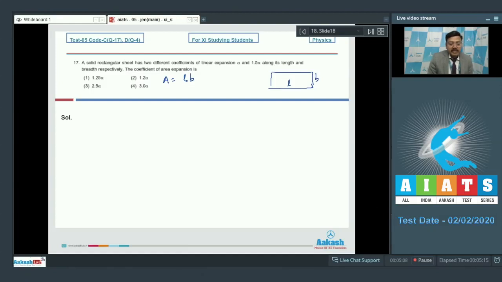Now as the temperature is increased by delta T, the length and breadth both increase, and the new area is A plus delta A, which is equal to the new length times the new breadth. If we consider that the coefficient of linear expansion along length is alpha, then the new length will be L into 1 plus alpha delta T, where delta T of course is the change in temperature, and similarly the new breadth will be B into 1 plus 1.5 alpha delta T as given in the question.